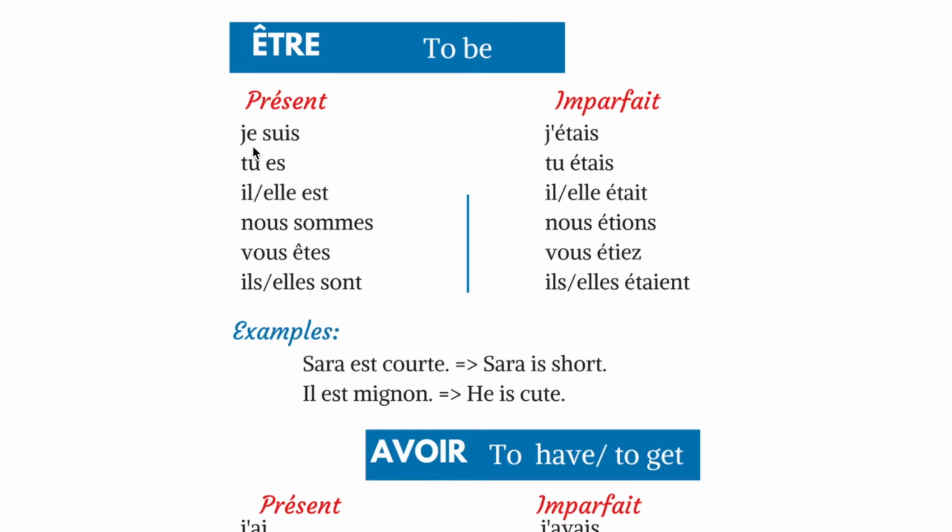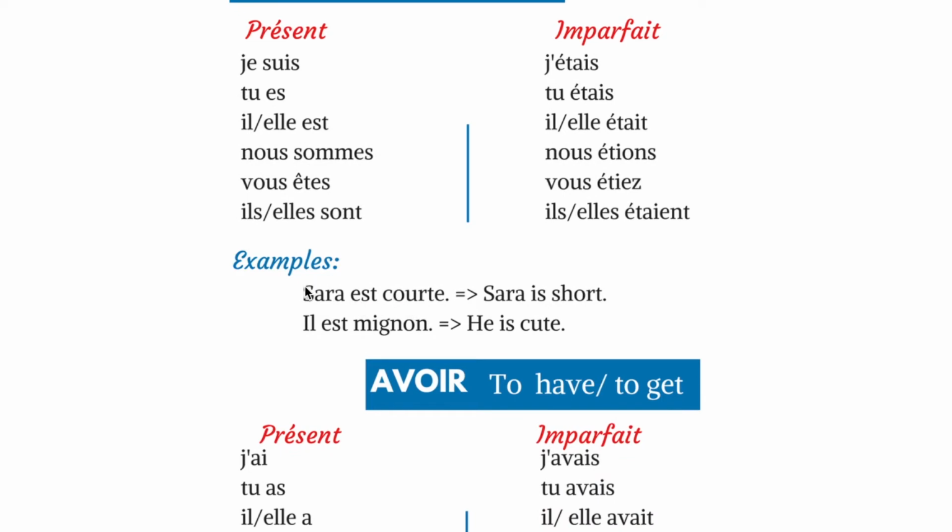Okay, let's read it. Je suis, I am. Tu es, you are. Il ou elle est, he or she is. Nous sommes, we are. Vous êtes, you are. Ils ou elles sont, they are. Now, next one, imparfait. J'étais, tu étais, il ou elle était, nous étions, vous étiez, ils ou elles étaient. It is the past tense.